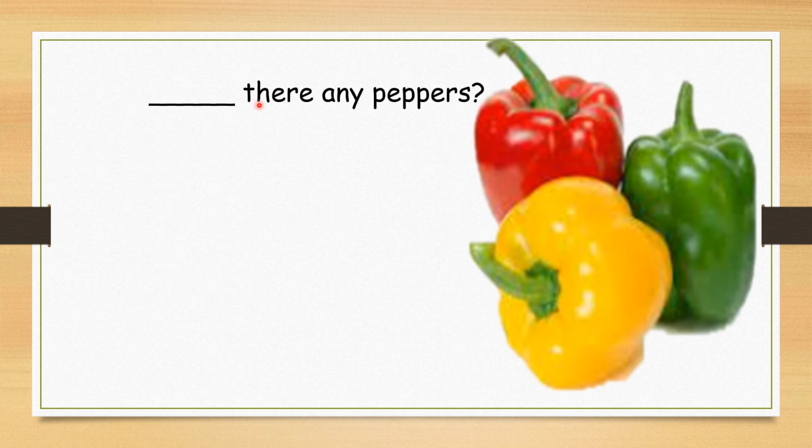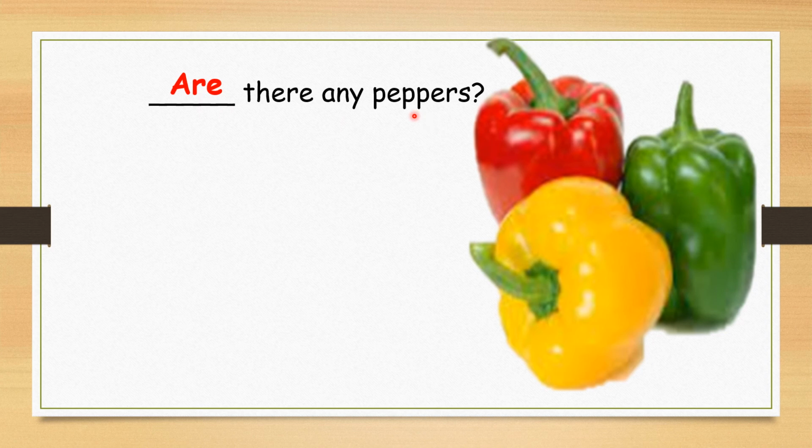Blank, there any peppers? Now remember, peppers is countable noun. They are plural. So plural with plural, what is the most suitable answer to be filled in this blank here? Is or are? The answer is are, because are is most suitable with plural nouns.